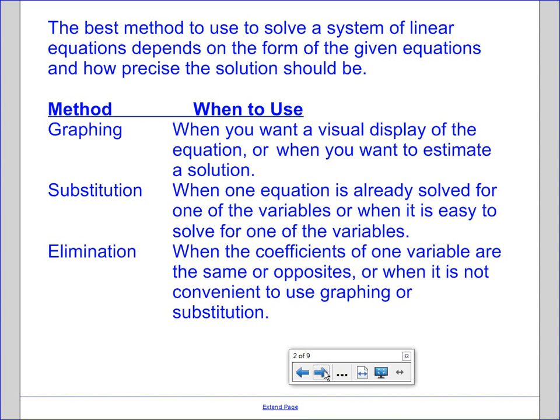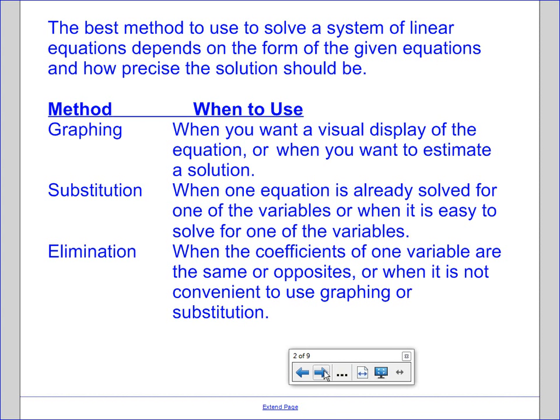Graphing is the best one to use if you want a visual display of the equation. It is also good if you want to estimate a solution. And of course, graphing is easiest if it's in slope-intercept form, but you can always make a table of x and y values and graph at any time.